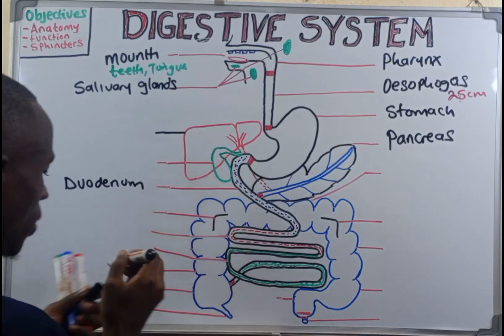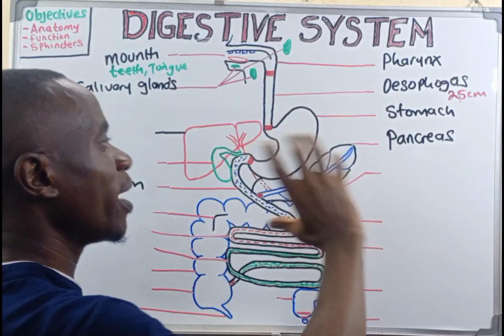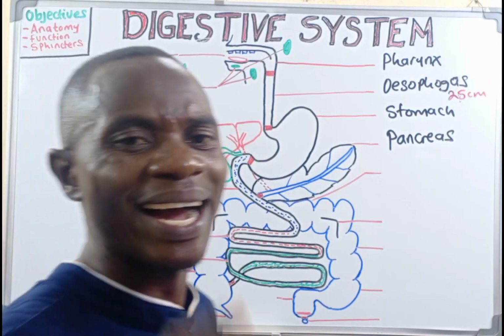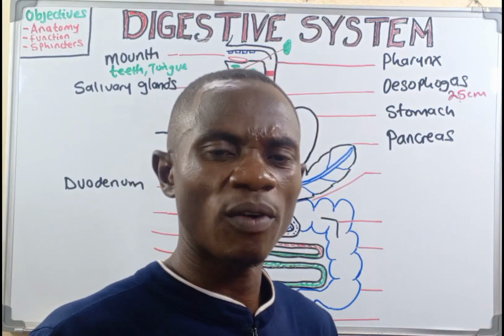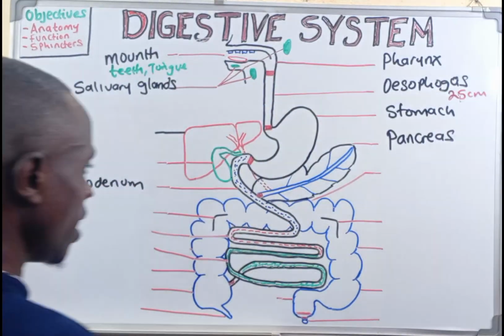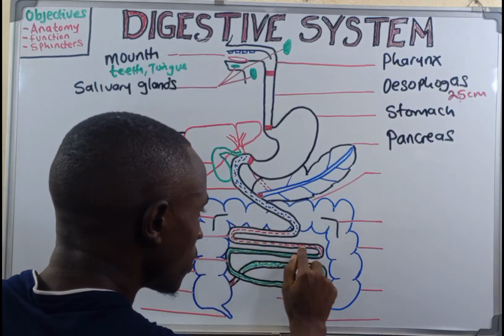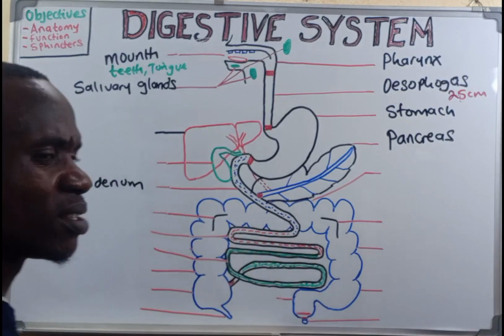It is that C-shaped structure which houses the head of the pancreas, and it is always the first segment of the small intestine. It's very important. Then after the duodenum, we have another segment of the small intestine. You know how this segment is called?